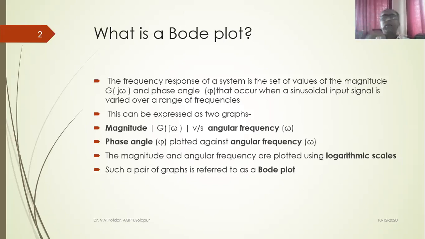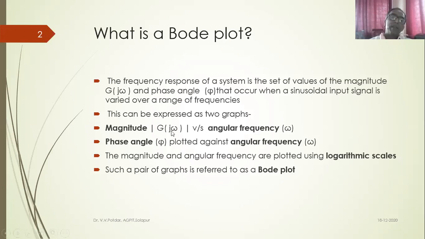Omega is the angular frequency, isn't it? Same as in sin(ωt), that omega is the angular frequency, or angular velocity we call it. So that is the angular frequency. Now this sinusoidal input is mathematically represented by putting S equal to jω.